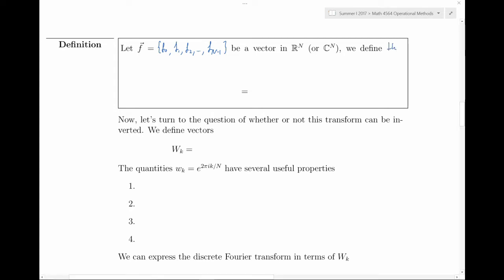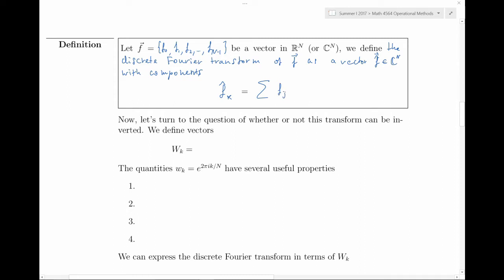We define the discrete Fourier transform of f as a vector f hat from the space of complex numbers with components f hat kth will be the sum.